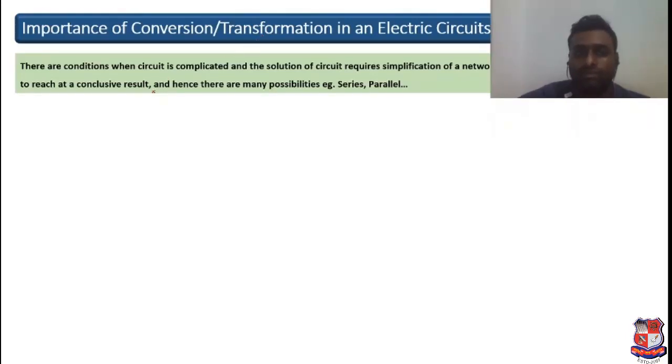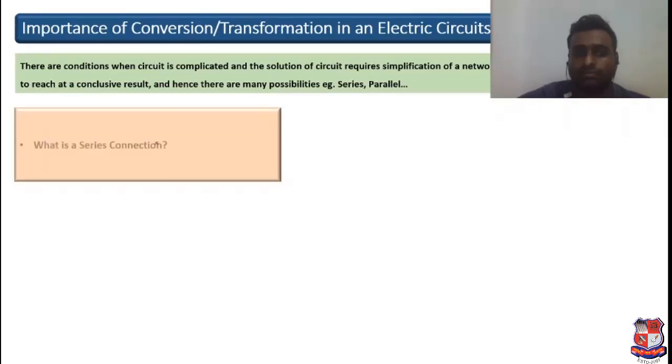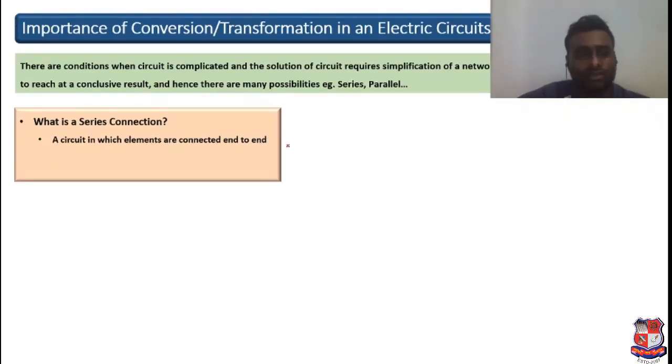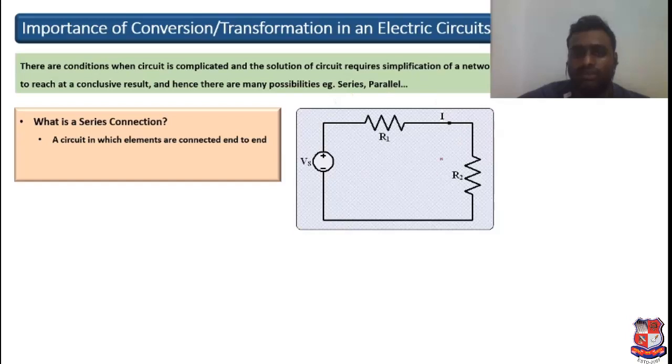Over here, let us take a series circuit. What is a series connection? It is a circuit having elements which are connected end to end. This is a circuit where the voltage source, resistances R1 and R2 are all connected in series because they are connected end to end. What are the two important features?